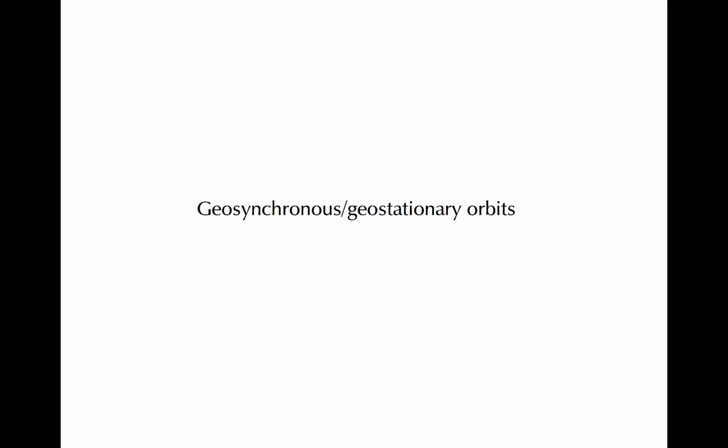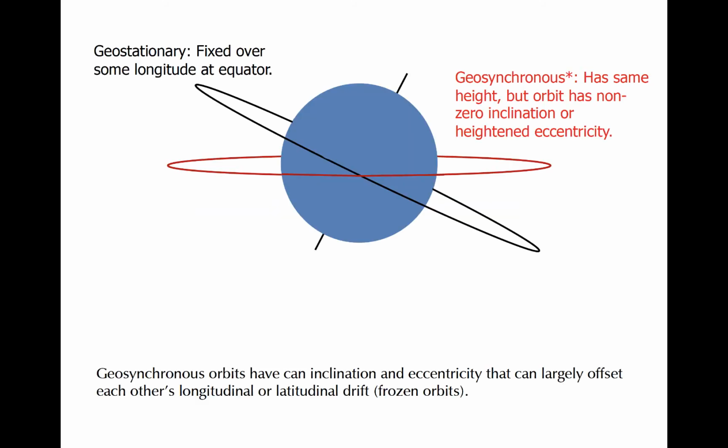Next, we'll look at geosynchronous orbits, and in particular the special case of geostationary orbits, in more detail. A geosynchronous orbit is any orbit at the height of about 35,786 kilometers above mean sea level. It can have any inclination, and a variety of combinations of inclinations and eccentricities can be used to create various orbital patterns.